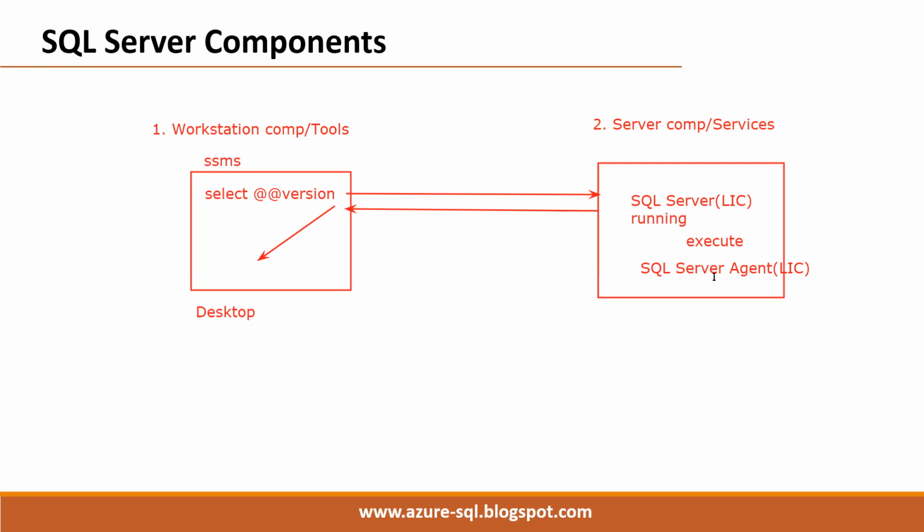The Agent service. Queries are processed by which service? SQL Server Service. Agent is for automation. In a production server, the SQL Server Service must be in running mode, which is processing the queries.